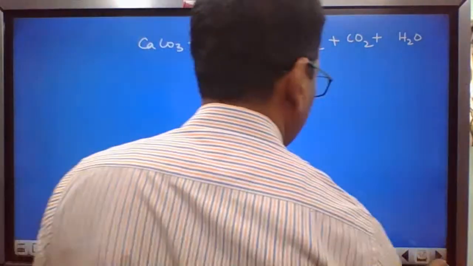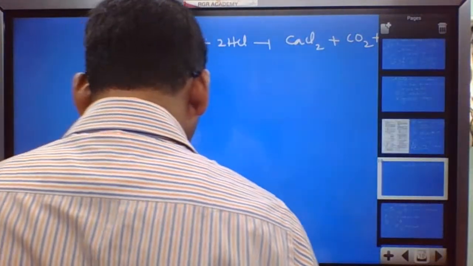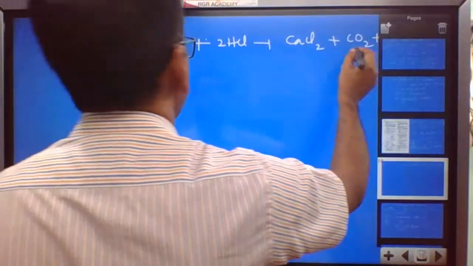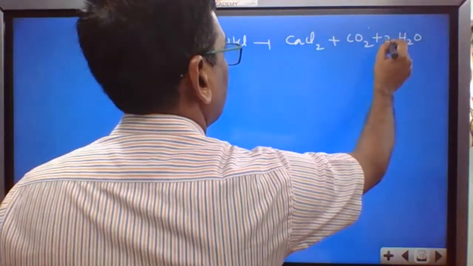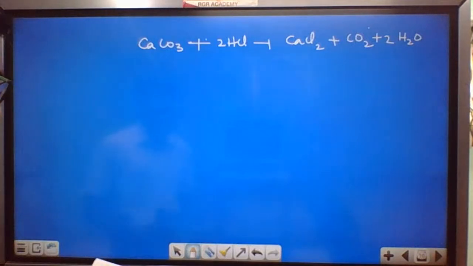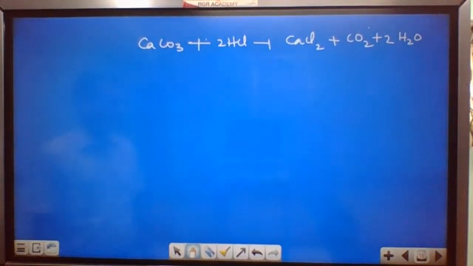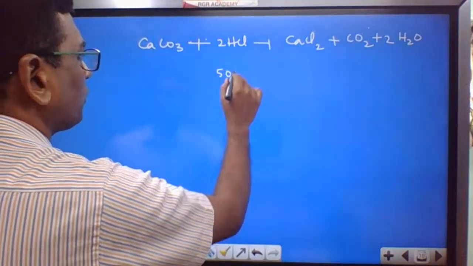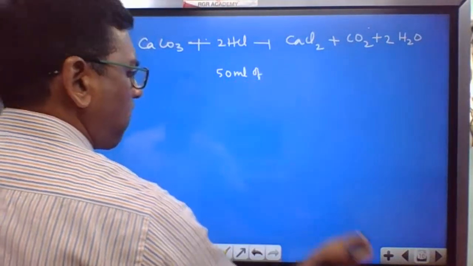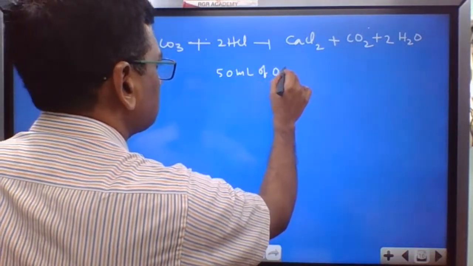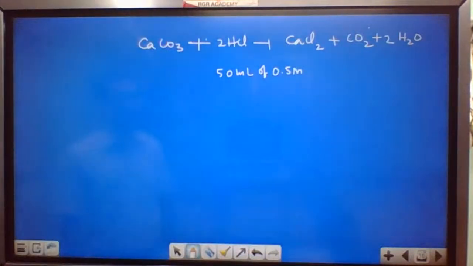So this is the equation they gave, with 2H2O. Now they are asking, how much amount of calcium carbonate is required to react with 50 ml of 0.5 M HCl.